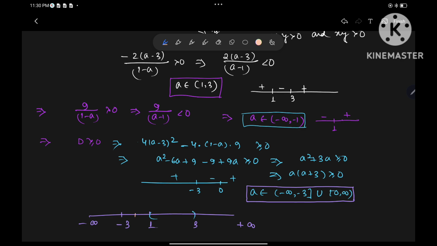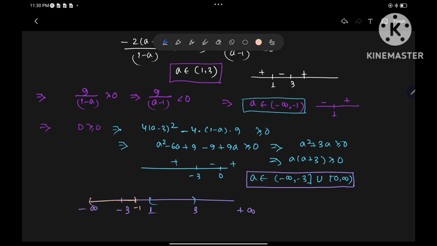So let this be minus 1. And in the next one a is minus infinity to minus 3, and 0 to infinity. So let this be 0, and that is 0 to infinity.